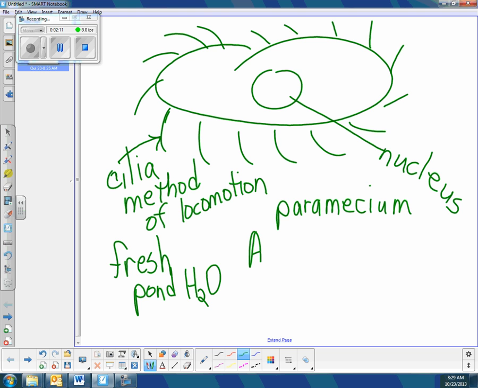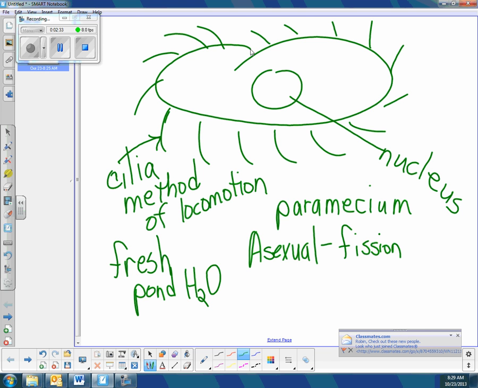His asexual means of reproduction, asexual means involves only one, is what we call fission. Just like when we talked about the bacterium cell, he splits in half. Part of him goes to one side, part to the other side. The nucleus gets split. Done. Involves one.